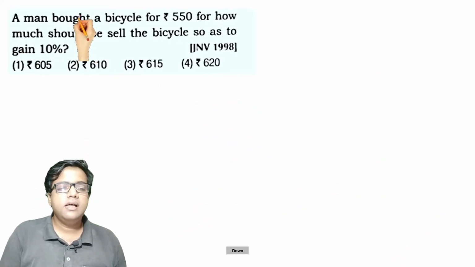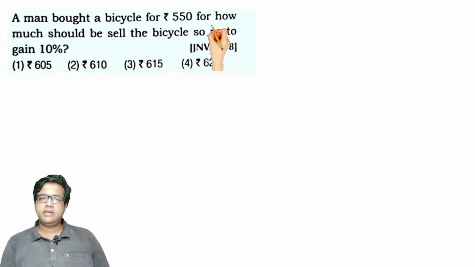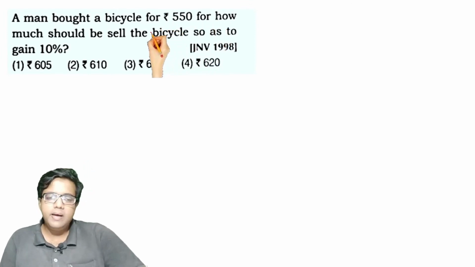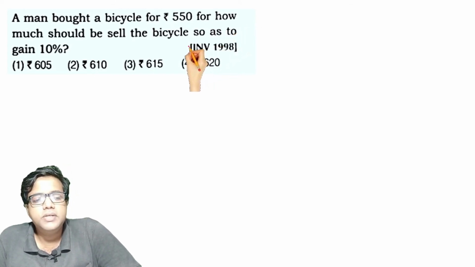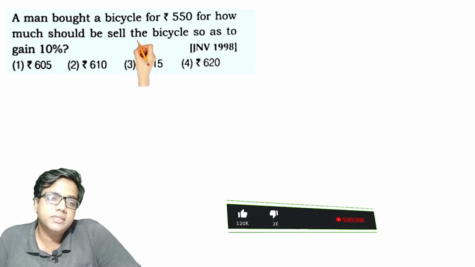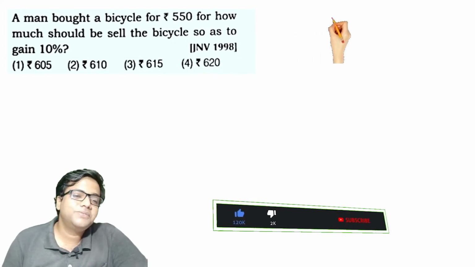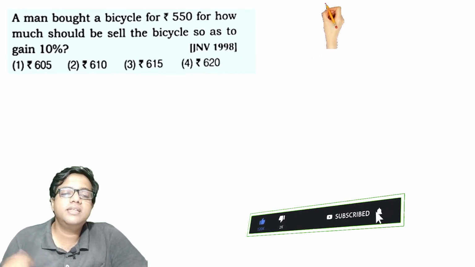Let's move ahead. A man bought a bicycle for 550 rupees. For how much should he sell the bicycle so as to gain 10% profit? Okay, so cost price is given here. We have to find the selling price, right?